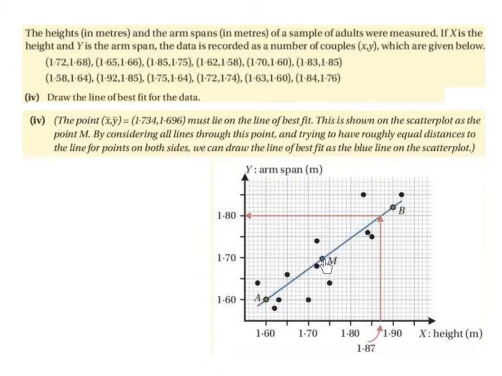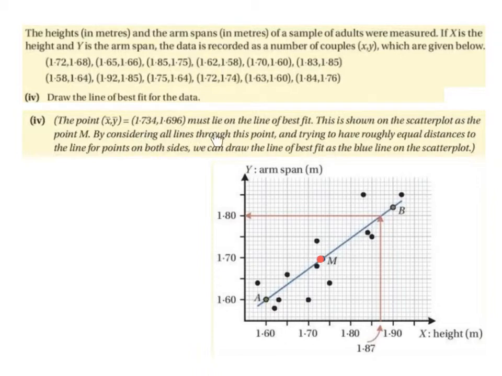This point is the mean, highlighted in red. The line of best fit must go through this point. So the point x bar, y bar, 1.734, 1.696, must lie on the line of best fit. This is shown on the scatter plot as the point M in red.